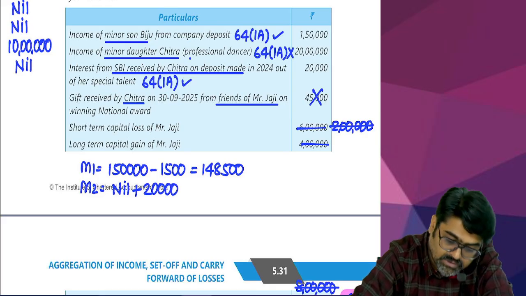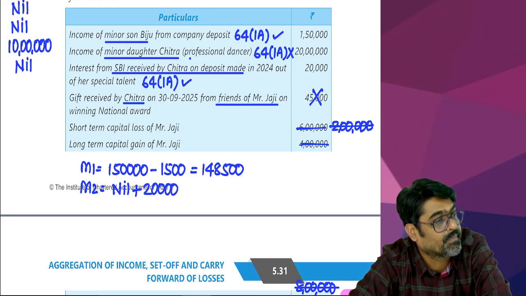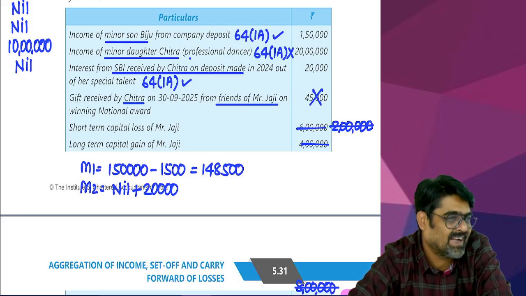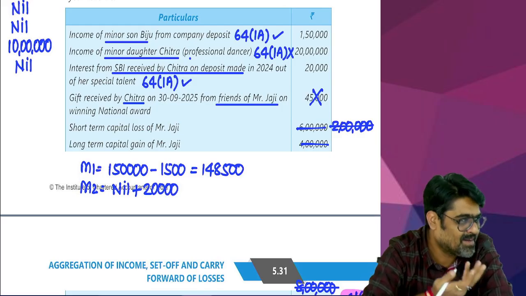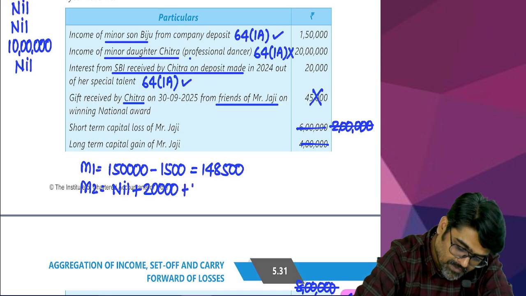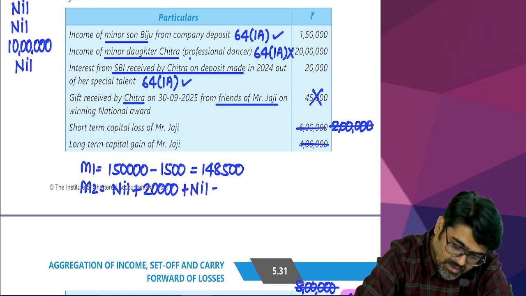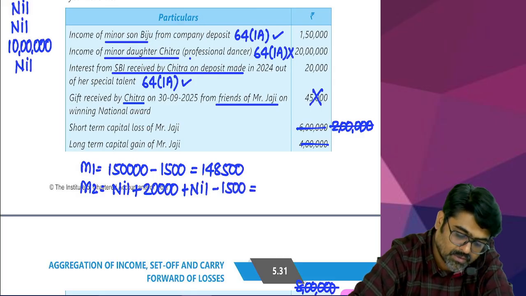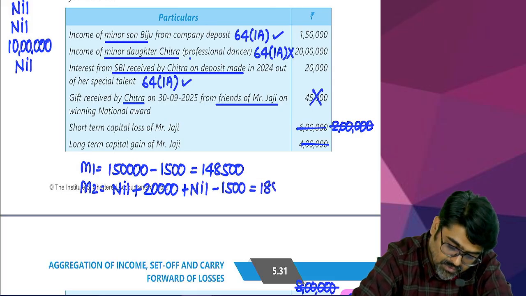And one more income of Chitra could have been clubbed if that income had been more than 50,000, but since that gift was not more than 50,000, it is not treated as income, and if it is not income, it cannot be clubbed also. Understanding? So nil. So how much income of Chitra is getting clubbed? 20,000. Out of that, 1,500 exemption for Chitra also you are going to get. Yes or no? So 18,500.